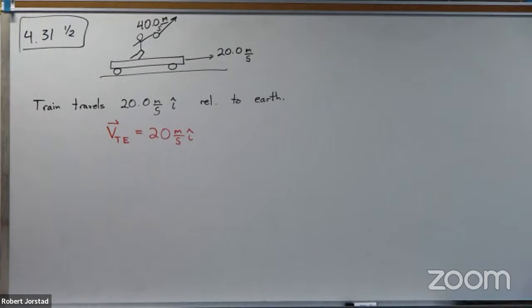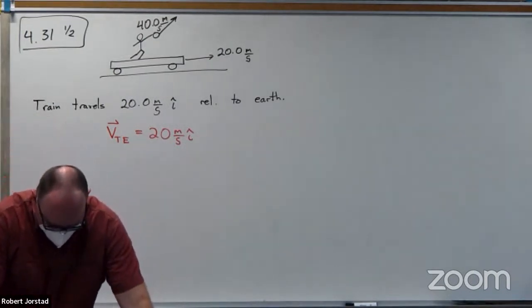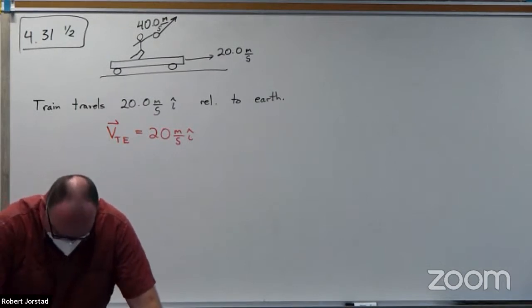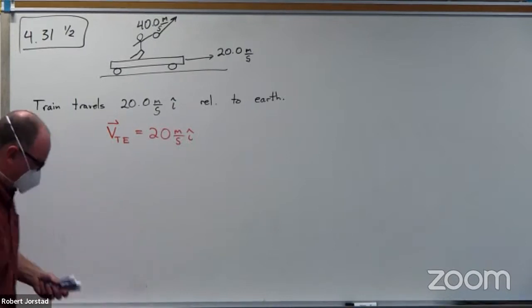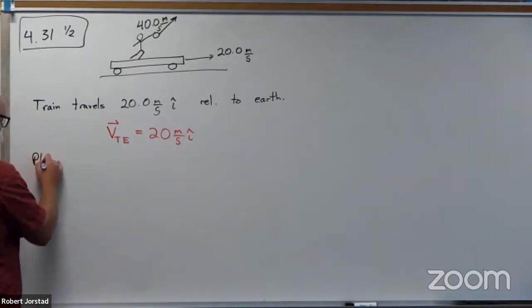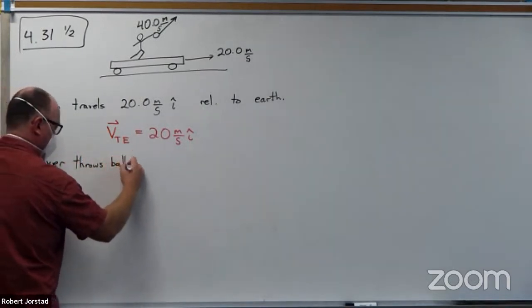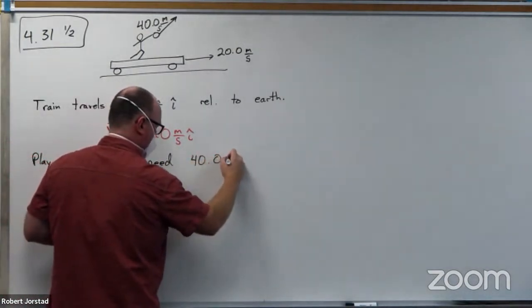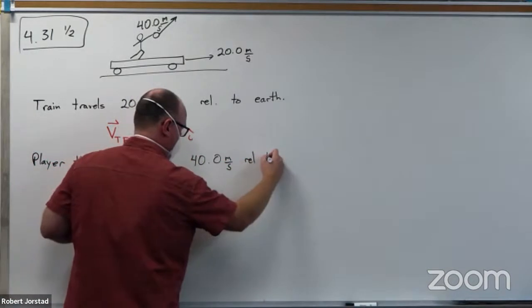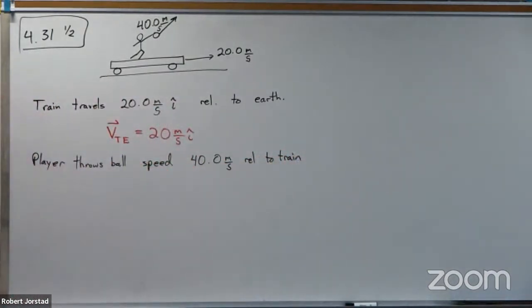That's easy, right? Next, a player throws a ball with an initial speed of 40 meters per second relative to the train. What does that tell you? What piece of information does that give us?